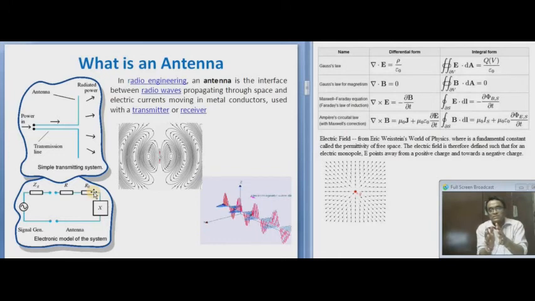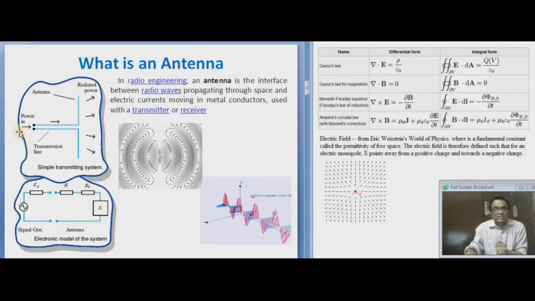So the antenna basically has three parts. One part converts or transfers the electromagnetic signal to an electrical signal, and the wave propagation takes place in free space. In the next discussion we will see that this free space resistance is about 377 ohm, and this is the radiation resistance where the E field and the H field are converted.